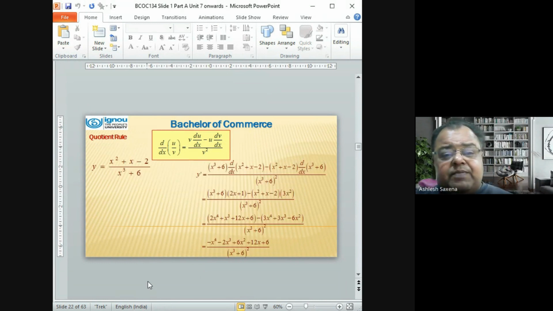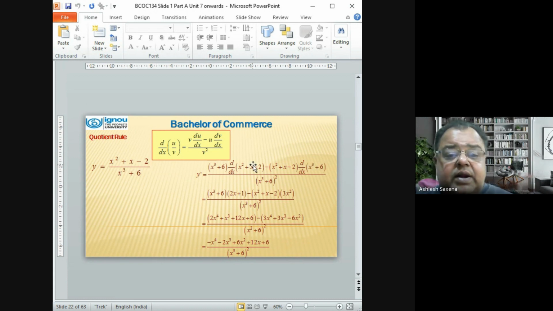Now we will see another problem that is similar to that. You can see straight away that it is a u by v form. What we will be doing? We will be squaring this part over here, and straight away we will be writing this part into derivative of this numerator minus this numerator into derivative of this denominator part.